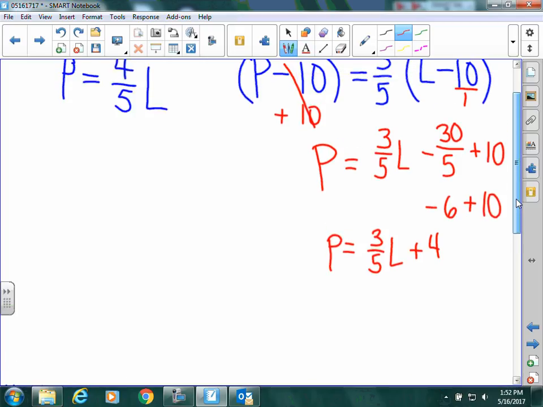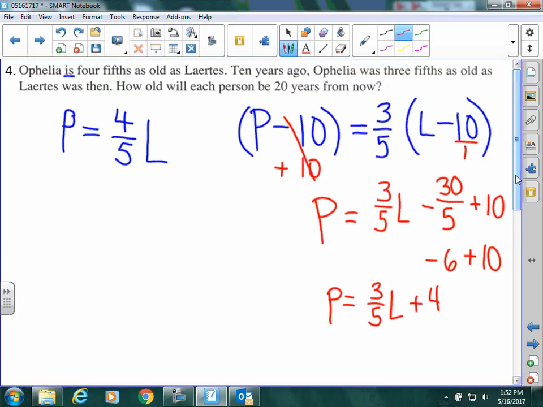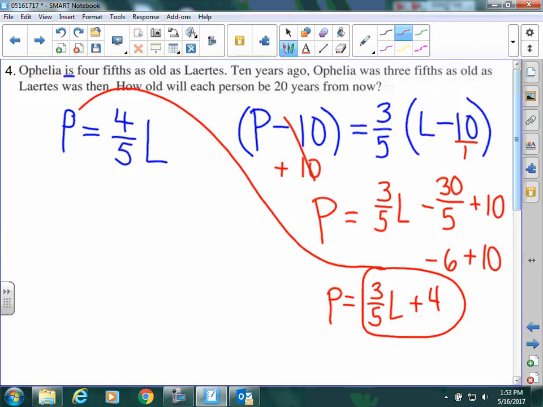Okay, so if I think about that, instead of saying P up here, I'm going to say 3/5 Laertes plus 4 on this side. That's for the P equals the same thing, 4/5 times Laertes.